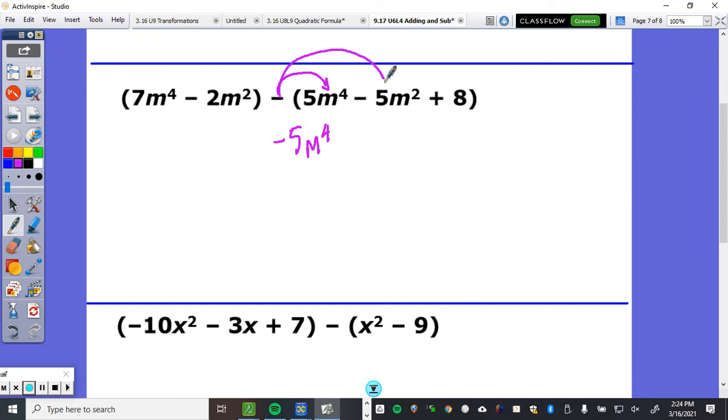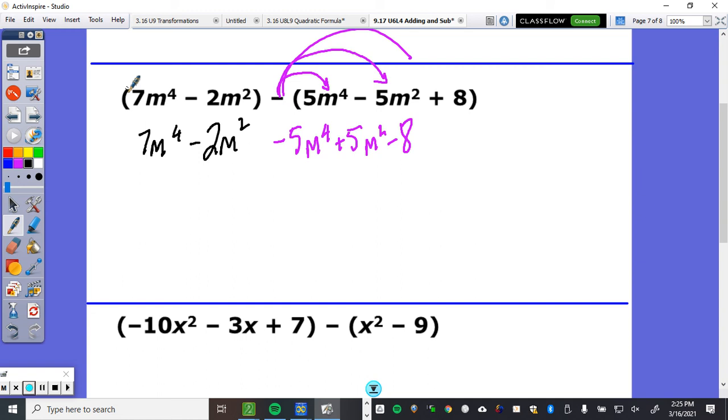This negative times negative 5m squared gives me positive 5m squared. And negative times positive 8 gives me negative 8. And then just rewrite what you had over here. 7m to the 4th minus 2m squared.